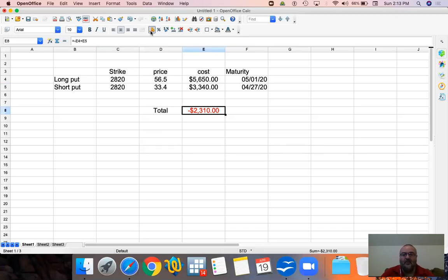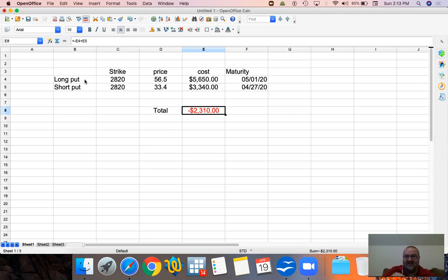Now, again, with a vertical spread, we simply wrote the short put against the long put at a lower strike price but the same maturity. With a horizontal spread, all we are really doing is we want to have a bear position because we have bear expectations. We want to buy a long put and we want to make it cheaper.